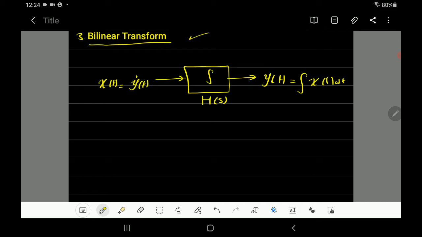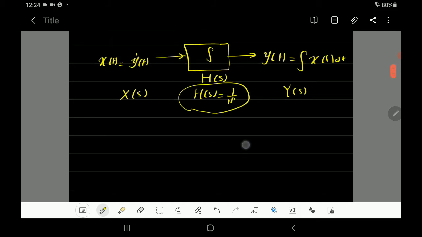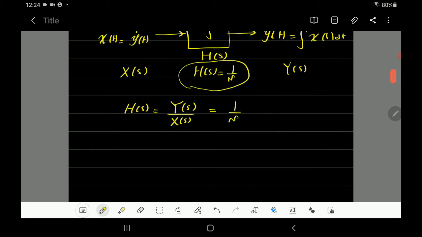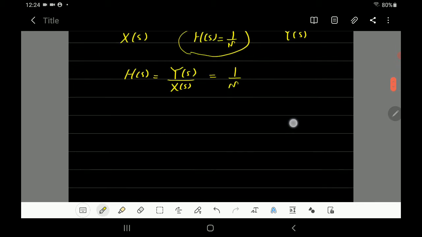If you do it in Laplace, it will be H of s equal to 1 over s. That represents the integrator, with the input X of s and the output Y of s. So you can say H of s is the transfer function of the system, which is the integrator, equal to the output over the input, which is simply equal to 1 over s. That will help us find the bilinear transform.